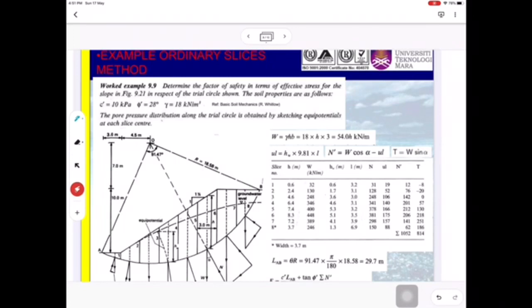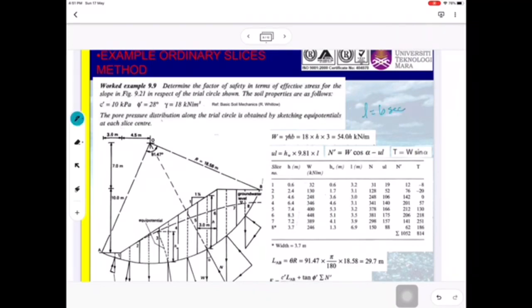W as usual is area times unit weight. Then HW, L. Remember L, what is L?